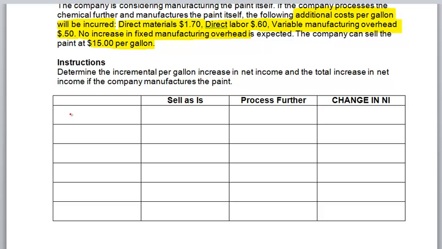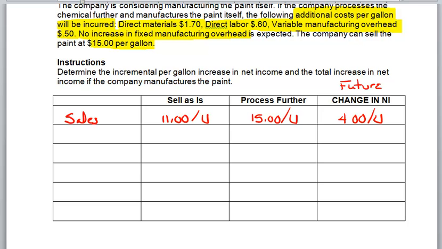So the first thing we have to do is talk about what are we selling it for, as is versus processing further. Well, we currently sell it for $11 per unit, versus if we process further, we could sell it for $15 per unit. That would be additional future revenue if we process further of $4 per unit.